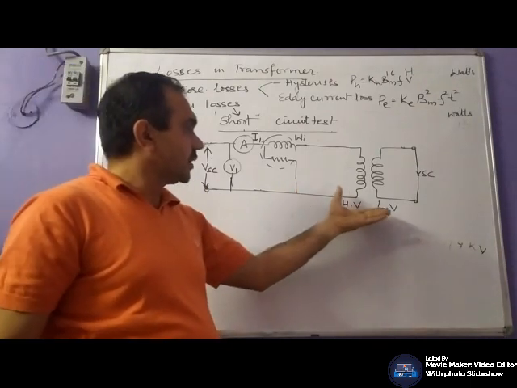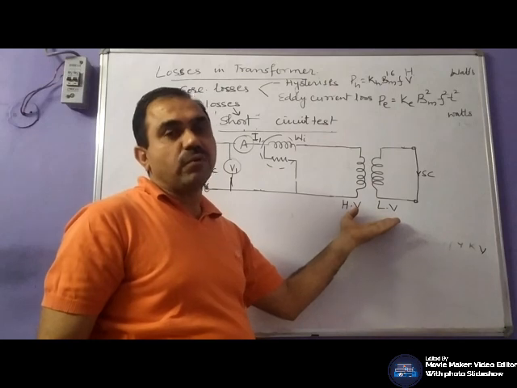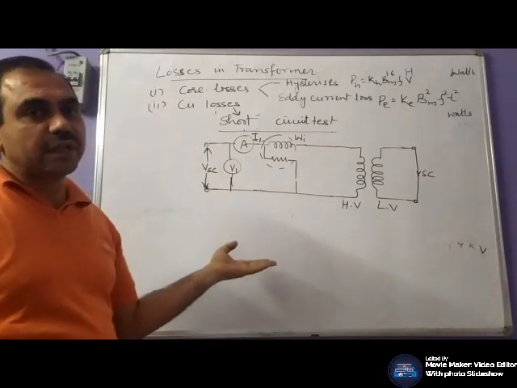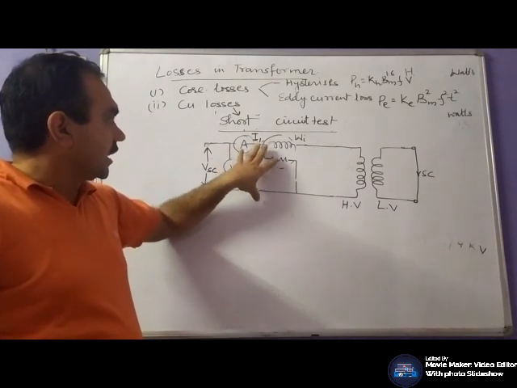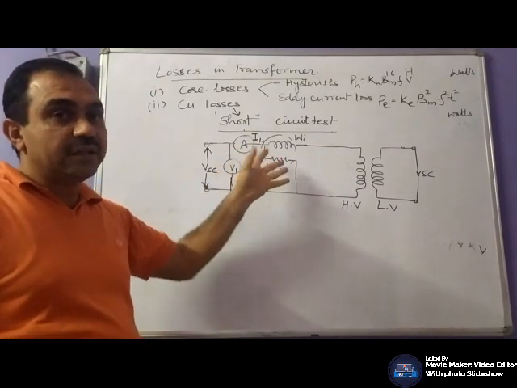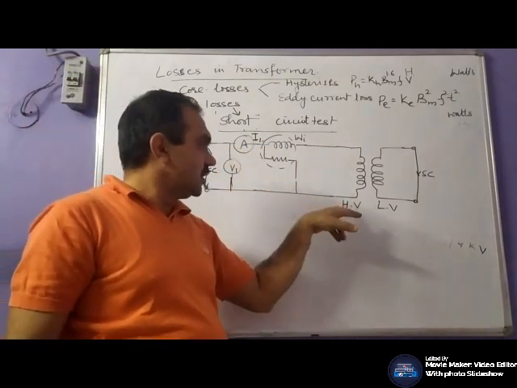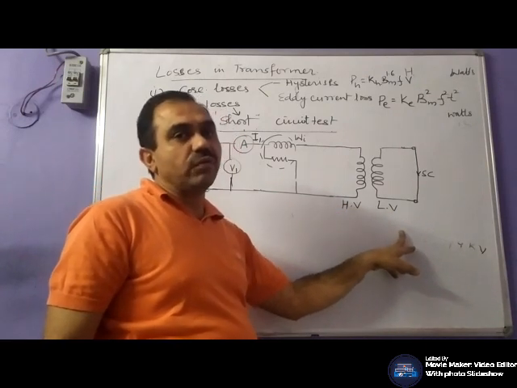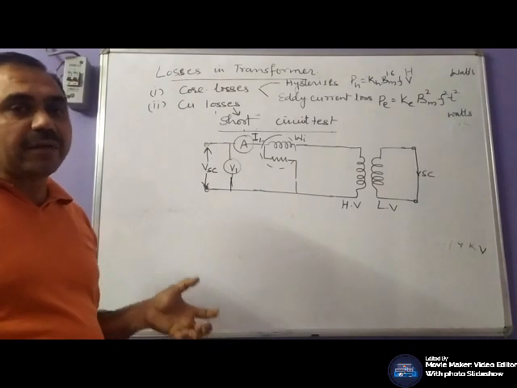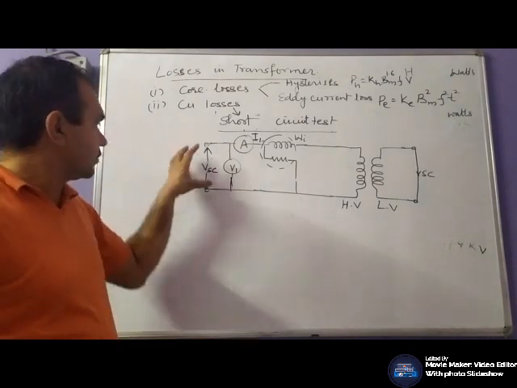That's why this test is being performed on the high voltage side, because the rated current is low at the high voltage side in comparison to the low voltage side, and the voltage applied would be very low.